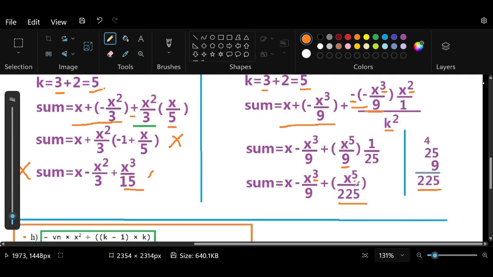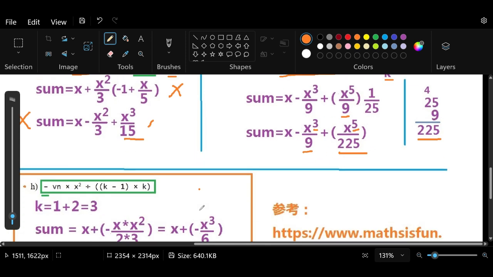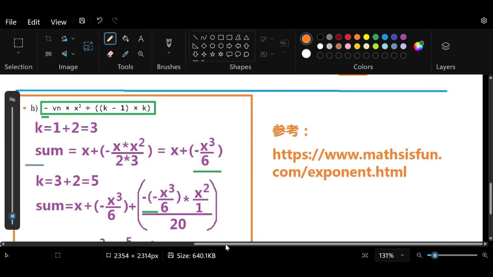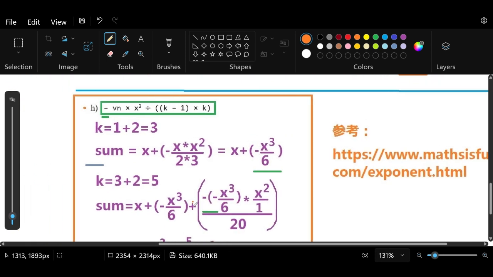See, we could get it in this way, but the one at the bottom isn't supposed to be these two.